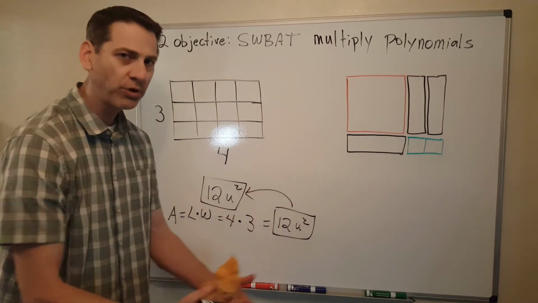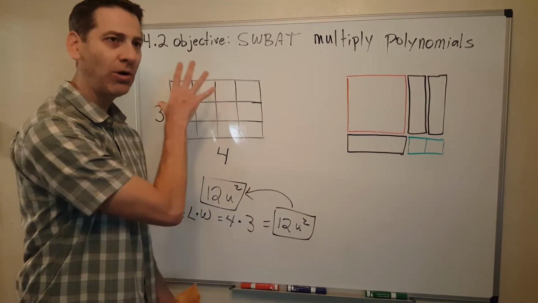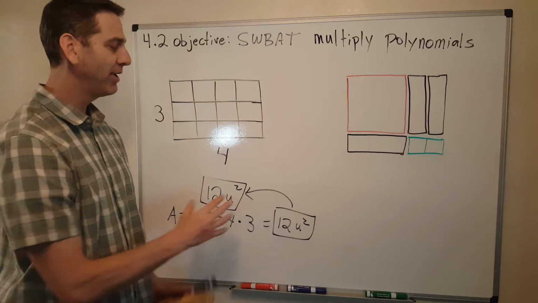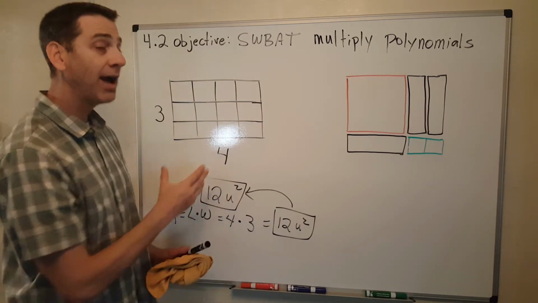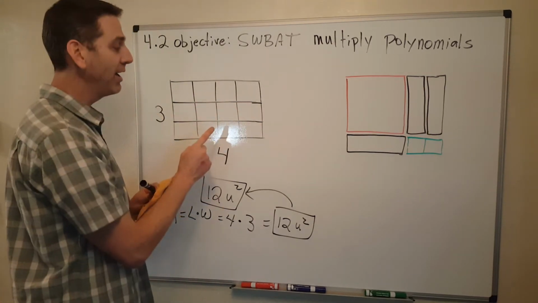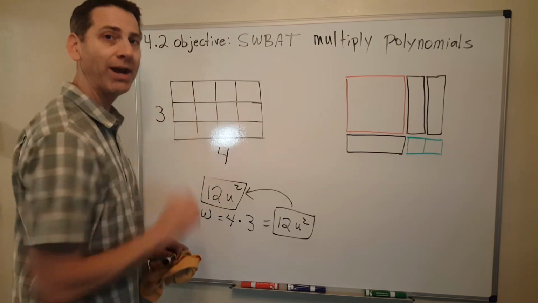Okay, so pretty simple. This is area. We're using the area of rectangles to figure out. I could find my area if I know my length and my width, or I can find my length and width if I know my area.